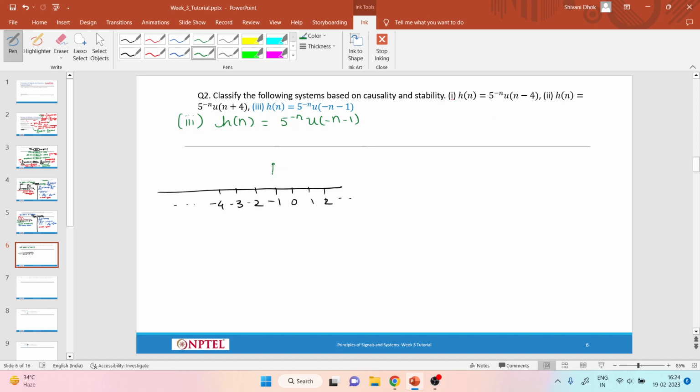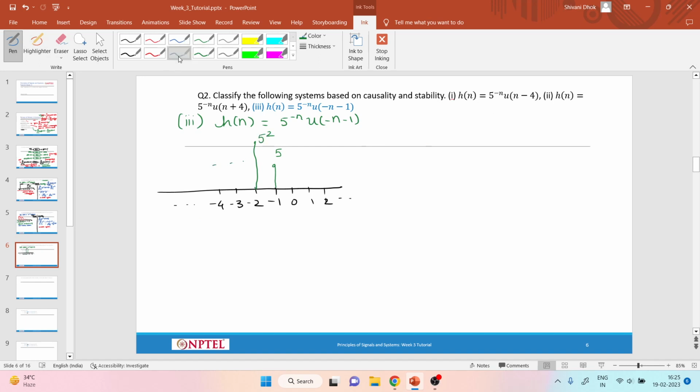Then, minus n minus 1 should be greater than or equal to 0, that is n should be less than or equal to minus 1. Then at minus 2 it will have a value of 5 square and so on.